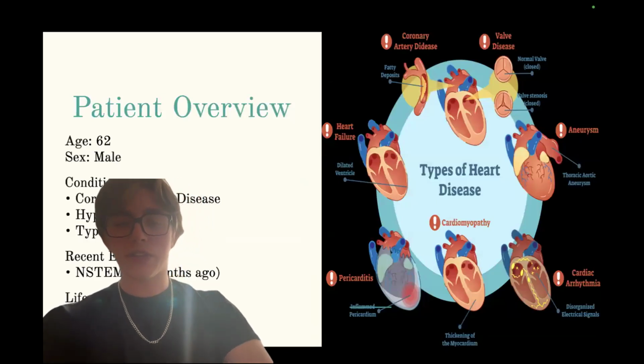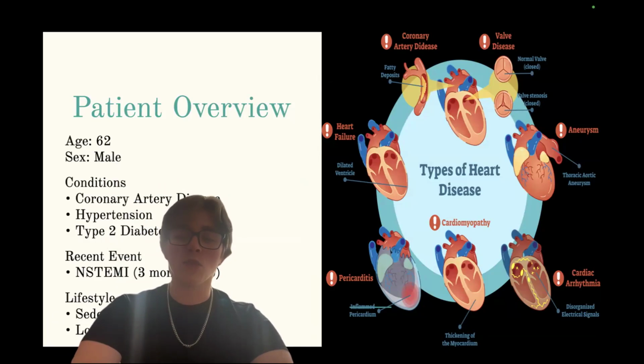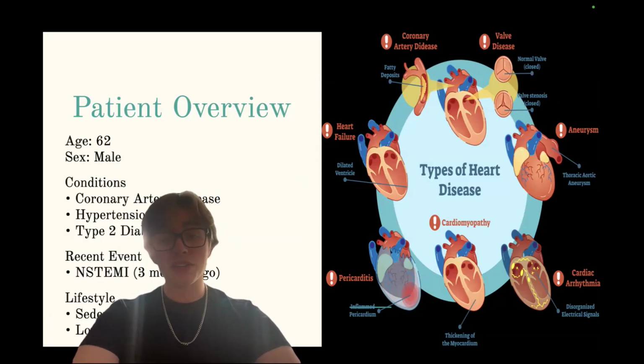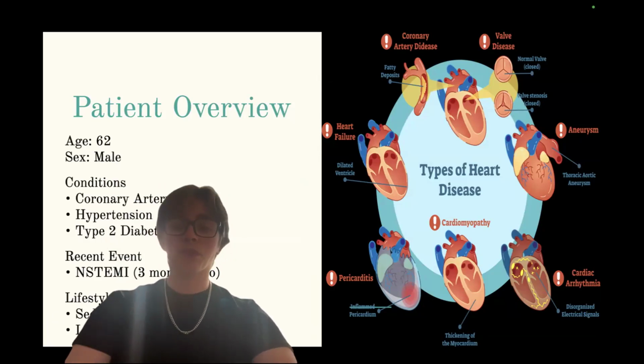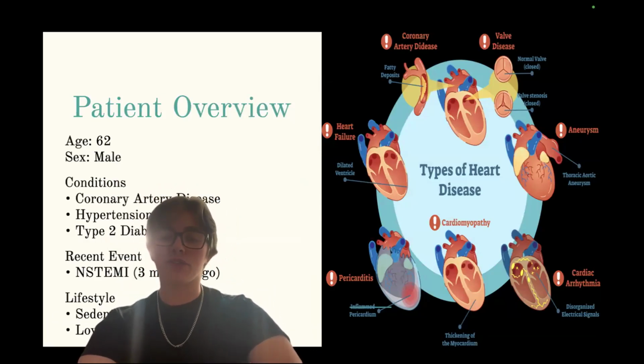So, for this case, we have a 62-year-old male with several cardiovascular conditions. He has coronary artery disease, hypertension, and type 2 diabetes. He also had a non-ST elevation myocardial infarction, or NSTEMI, about 3 months ago and has a stent placed.